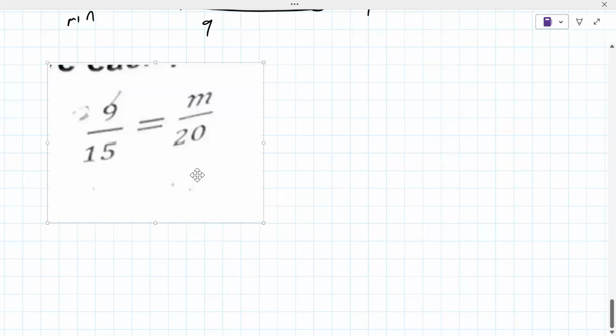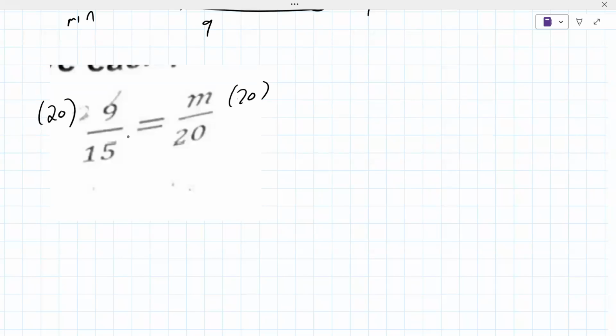I doubt this is correct, but 135? So very large relative to the other numbers here. Did you multiply both sides by 20? No. Okay. The other way to do it is to multiply 9 times 20 equals 15 times m.